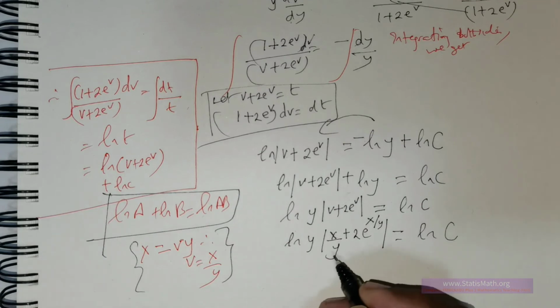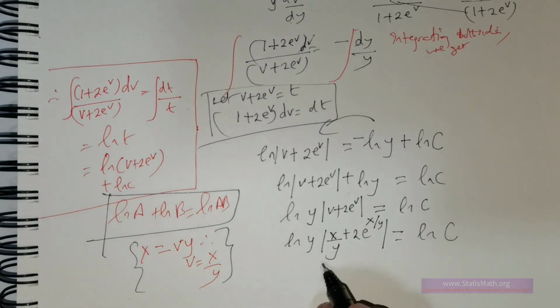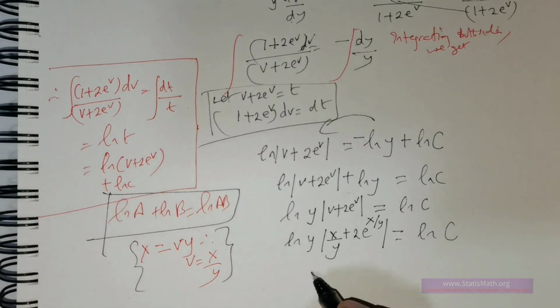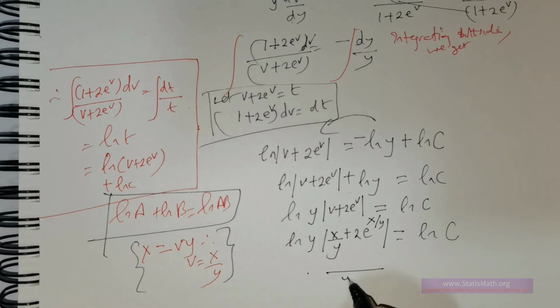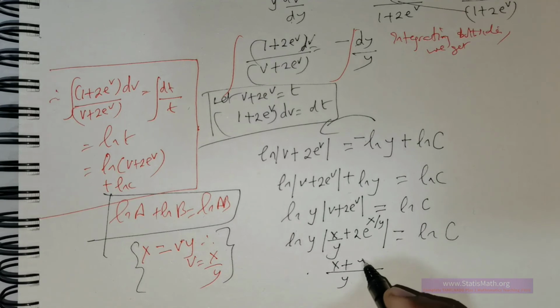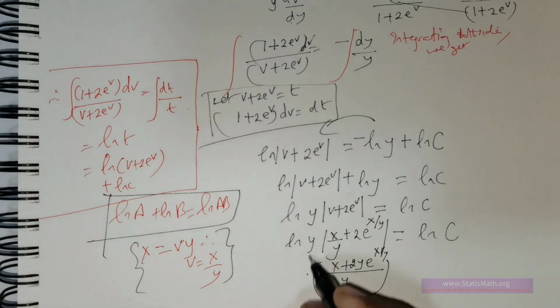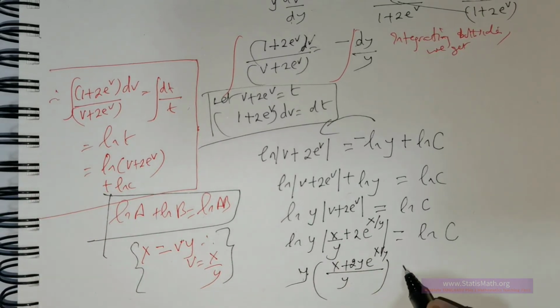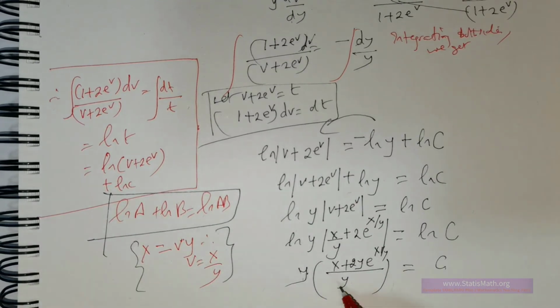Now this can be further rewritten by removing the modulus and the logarithm. We can rewrite this as y, in fact taking y to be the LCM, this is going to be x plus 2y times e raised to the power x over y, times y is equal to c. Of course you can cancel the y's in the denominator.